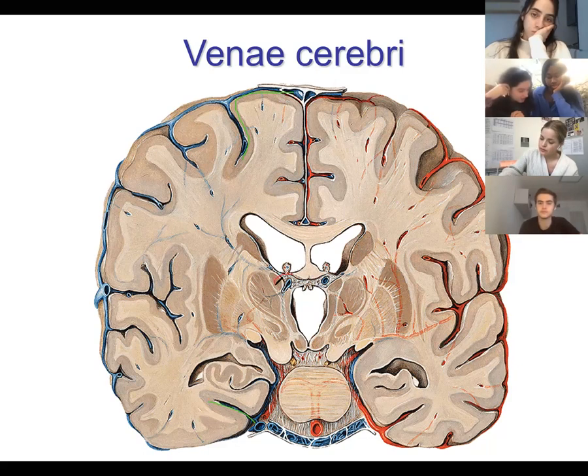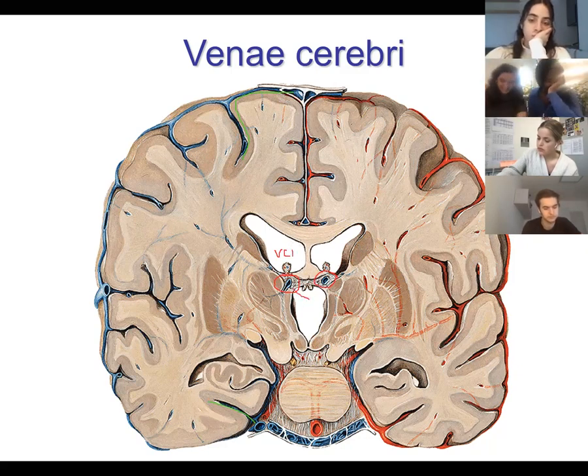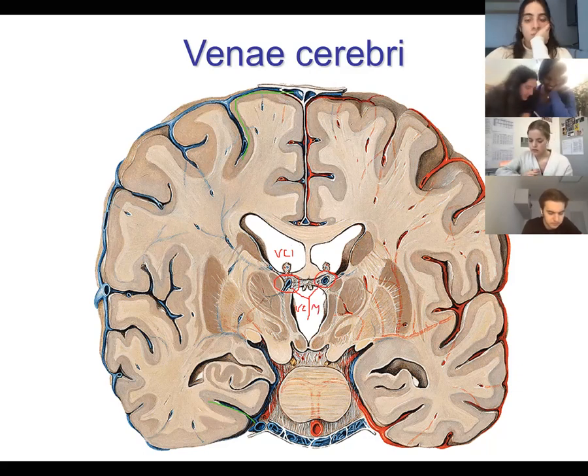These are internal cerebral veins, vena cerebri interna, and these two then join into the unpaired vena cerebri magna, the great cerebral vein. They run here close to the thalamus.